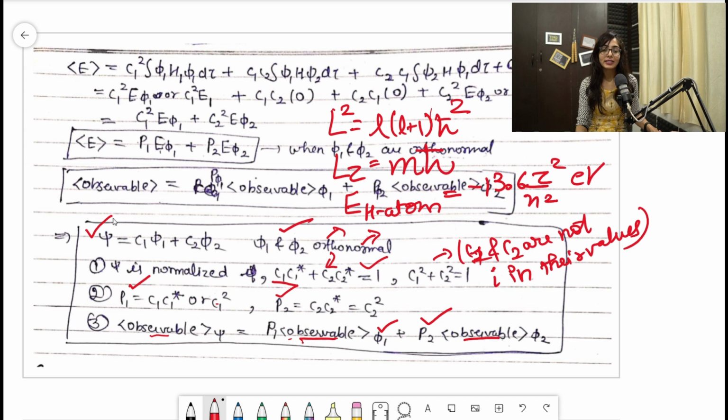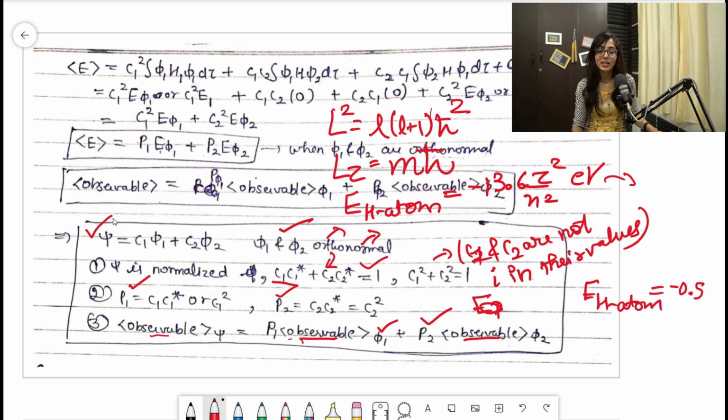Clear? And in atomic unit, the energy of hydrogen atom I'm writing over here would be minus 0.5 Z square by N square atomic unit. This is in atomic unit and this is in electron volt.